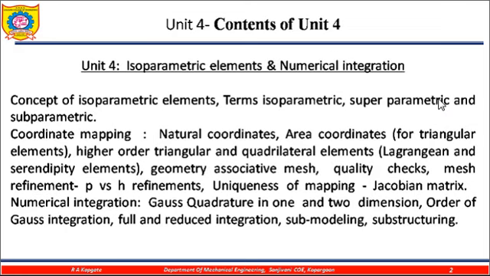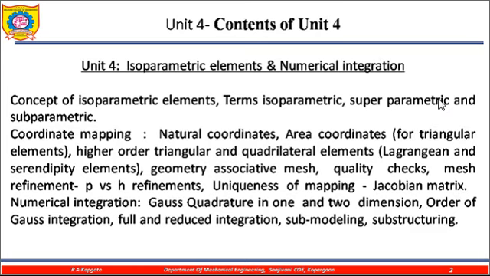I feel that there are a lot of issues in this unit number 4 in examination. The evaluators sometimes ask theory, sometimes problems. Definitely I have observed one or two problems on numerical integration, and at the same time they ask some problems on the area coordinates. Sometimes they ask questions on natural coordinates, conversion of your regular coordinate system into the natural coordinate system.